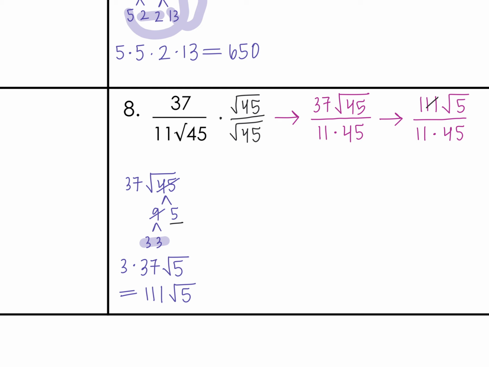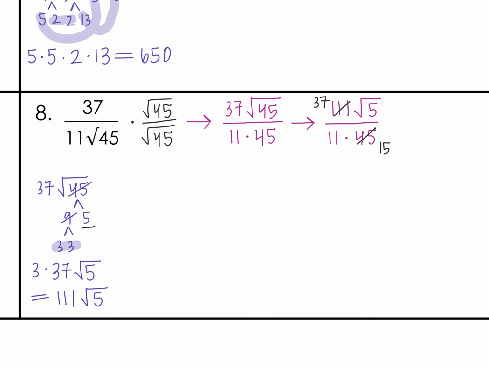And when I divide that by 3, I'll have 37. Then I'm going to look in the denominator, and I need to divide one of these numbers by 3 as well. Well, the 11 won't divide, but that 45 does divide by 3, and that's going to give me 15. Then I just need to multiply what I have left back together because I can't simplify anything else.